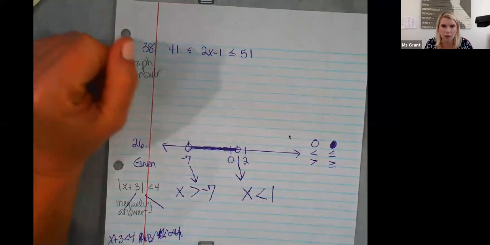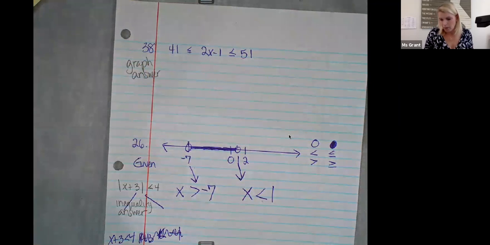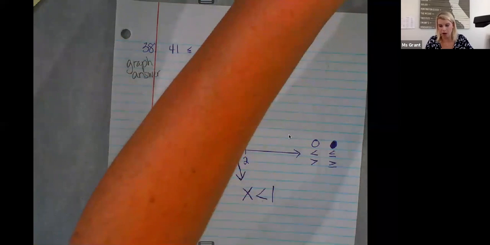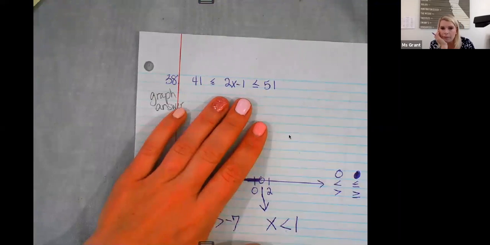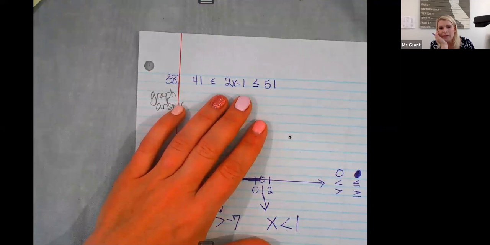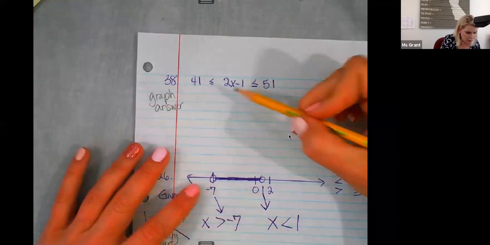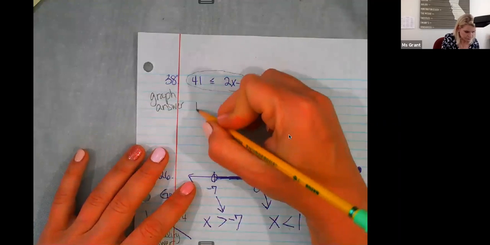Ooh, compound inequality. So a compound inequality is 2. This doesn't relate to absolute value, but its solution is going to be 2 numbers on the number line. So here we go. I think that your best bet for this one, to make your life easy, is to do one equation with just the left-hand side.